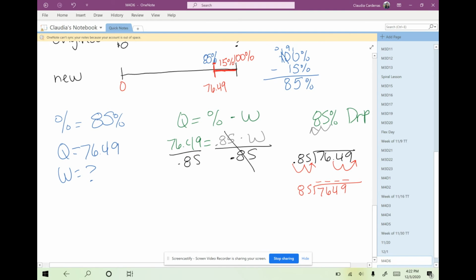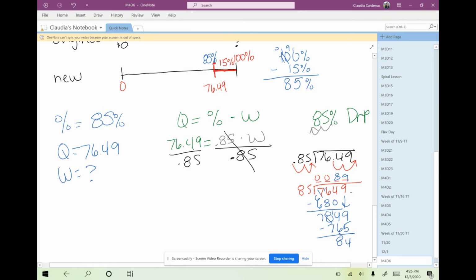And so 85 goes into 7 0 times and 76 0 times, but how many times does it go into 764? And I see that that is 8, because 85 times 8 is 680. Remembering to borrow. And now we have 849, and 85 goes into 849 9 times, because 85 times 9 is 765.